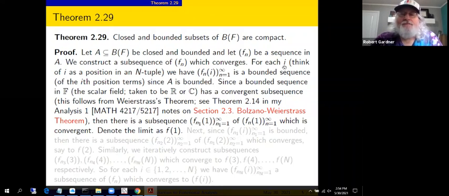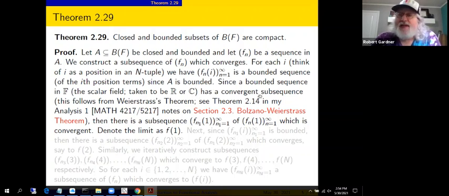For each I, think of I as a position in like a capital N tuple. We have F sub n of I, n equals 1 to infinity, is a bounded sequence. And these are all terms in set A, and set A itself is bounded by hypothesis. So this is a bounded sequence of real numbers or complex numbers, whatever your favorite field is.